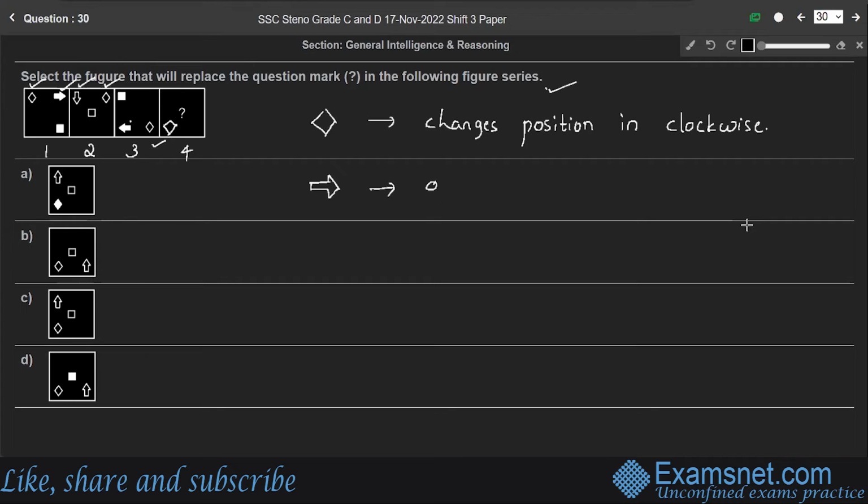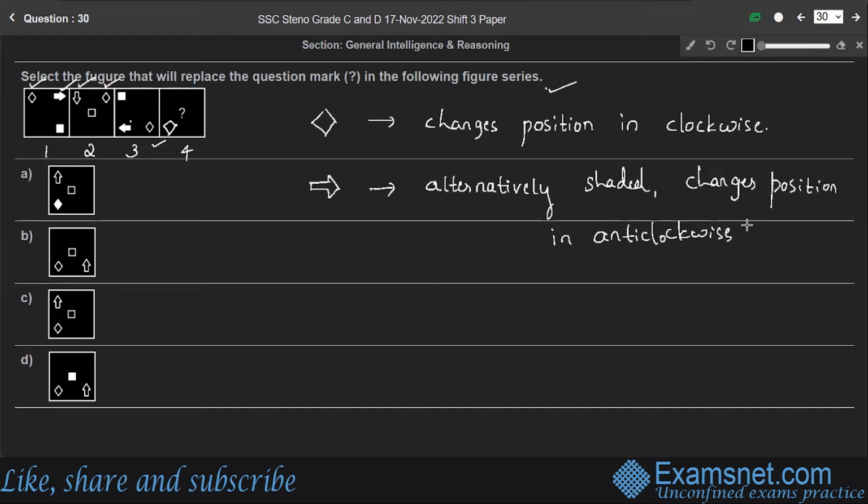Therefore, this arrow mark is alternatively shaded and changes its position in anti-clockwise direction. Therefore, in the fourth figure, its position has to be at the bottom right corner.